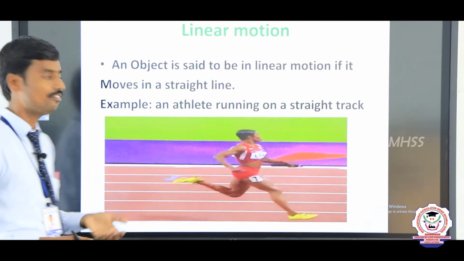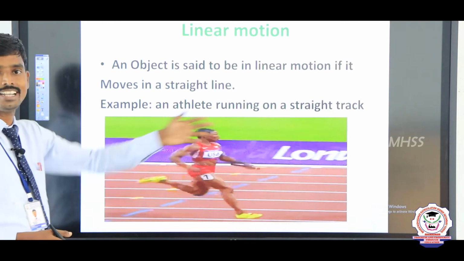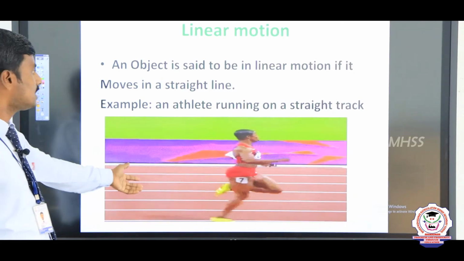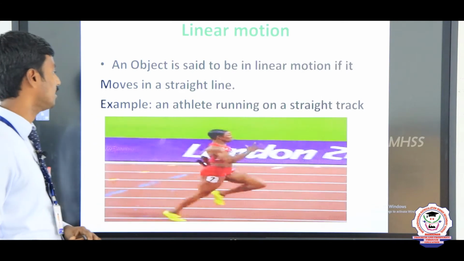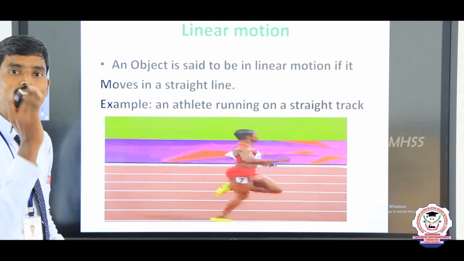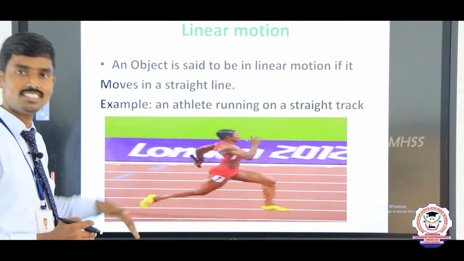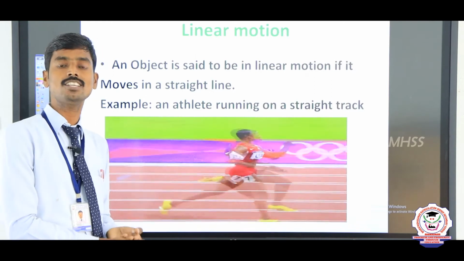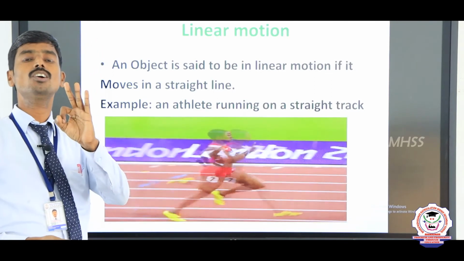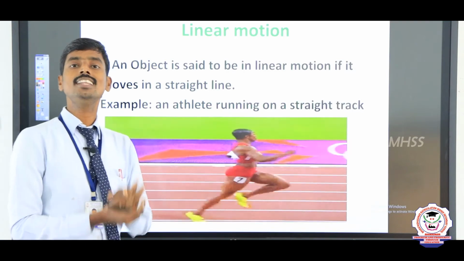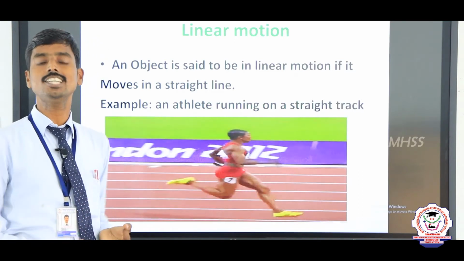A good example is an athlete running on a straight track. This is a good example for linear motion. It covers only one direction, the x coordinate. Already we know the basic concept: there are three coordinates, x, y and z, which we call Cartesian coordinates.